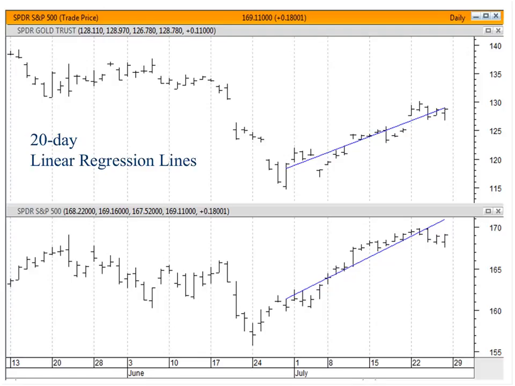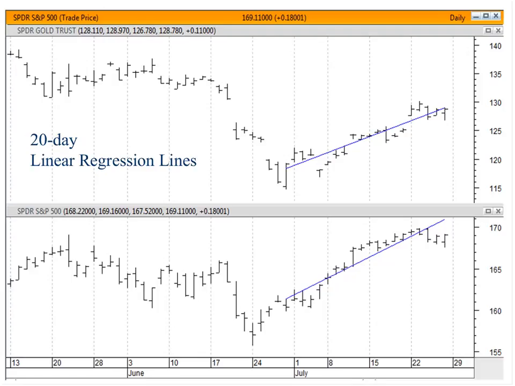Here's how we get to it. In this case, we're going to use a 20-day correlation coefficient. And geometrically, it looks like this. It's as if we took 2 different linear regression lines, one for each population set like this, and we're going to measure the angle between the 2.